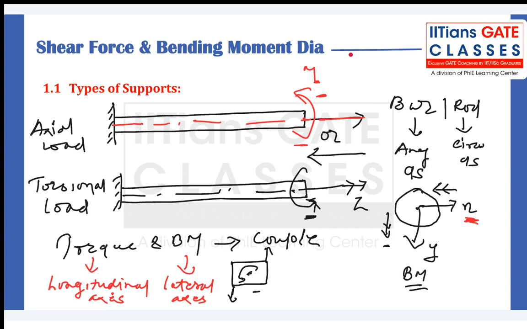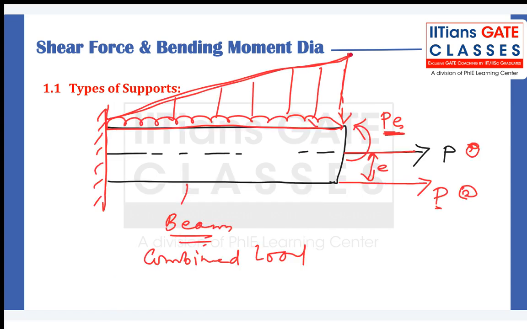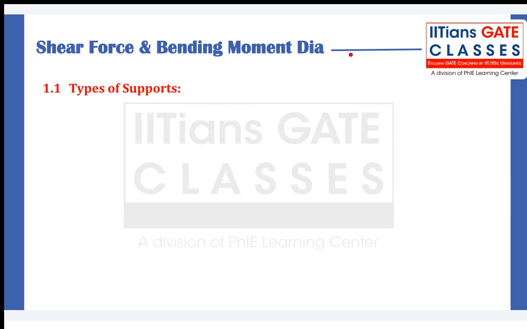Where does it happen? Buckling happens where? It happens in the case of a column, right? So when is this slender structure known as a column? Can anyone tell?